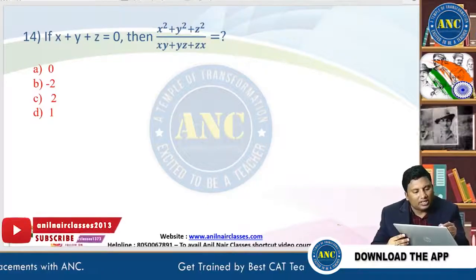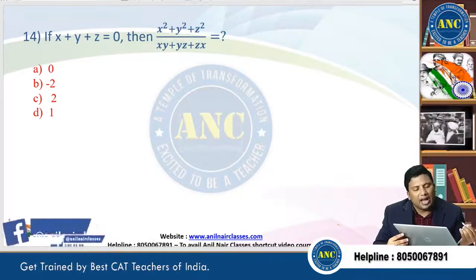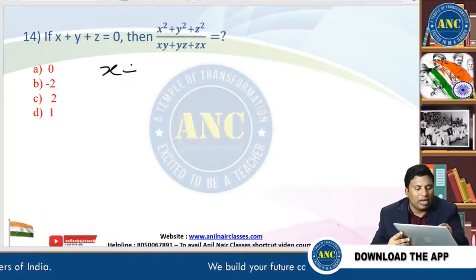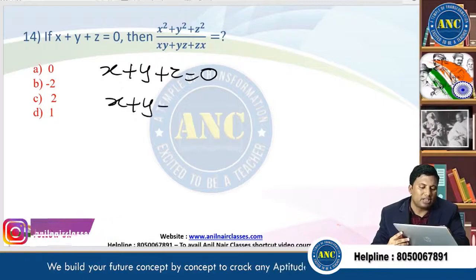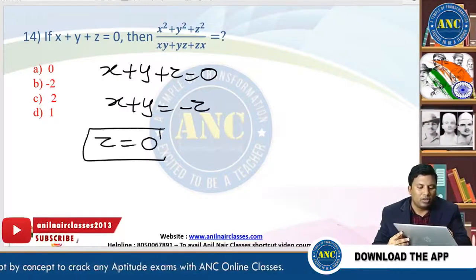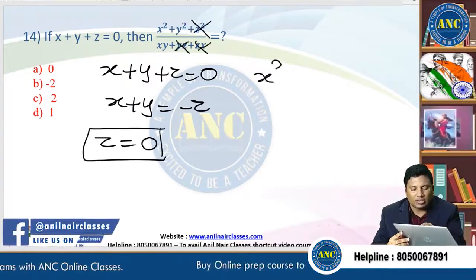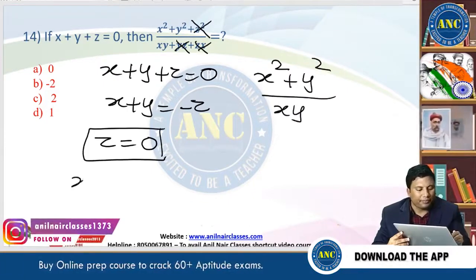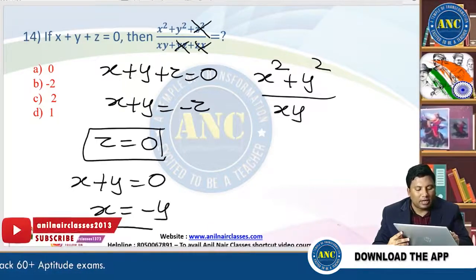If x plus y plus z, again and again I no need to say, if the question contains variables, answer contains numerical values, make the dependent variable 0. X plus y plus z is equivalent to 0. X plus y is equivalent to minus z. Make dependent variable 0. Z is 0. These out, these out, these out. X square plus y square divided by xy. If x plus y is 0, x is nothing but minus y.